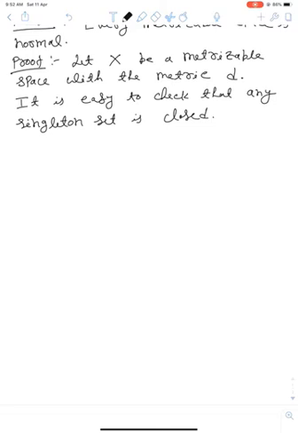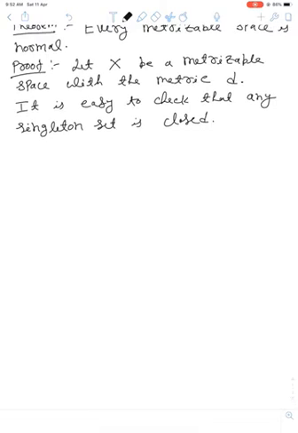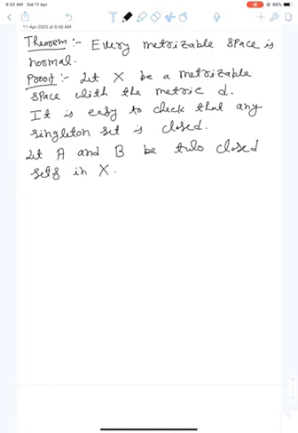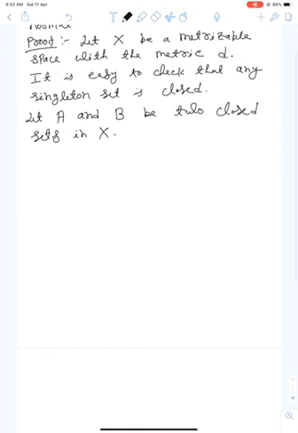Now we need to check the second property, that is, let A and B be two closed sets in X, and we need to find two disjoint open sets containing them, right?